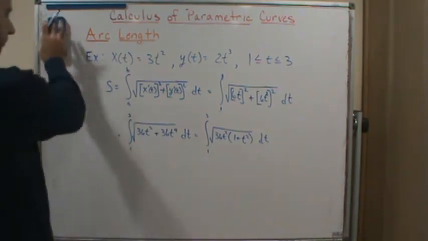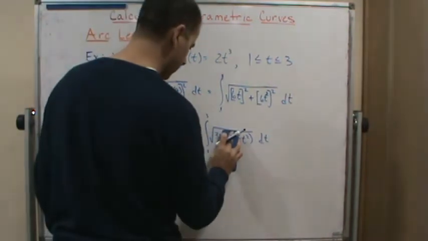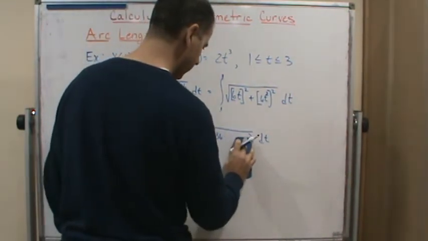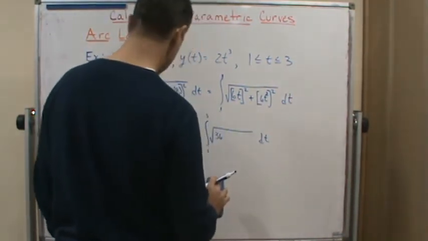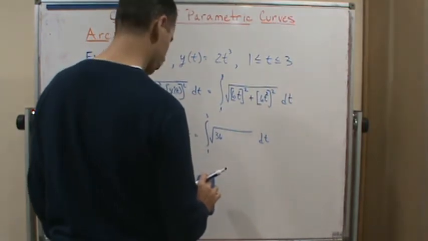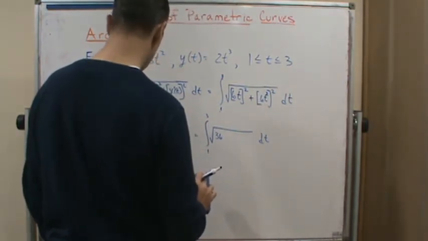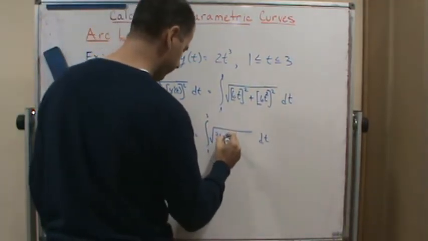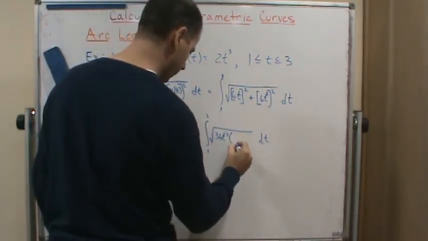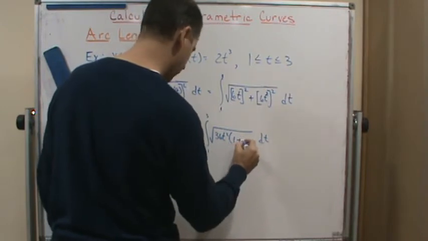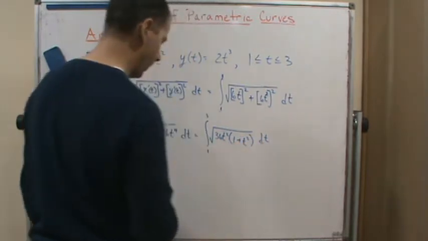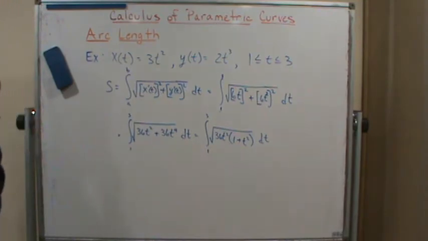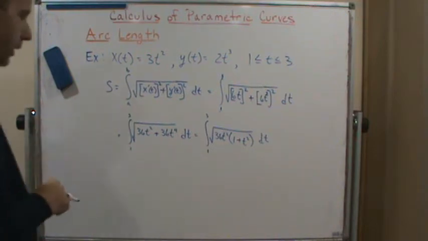Actually, I don't want to do that. I want to keep the t in there. It'll make it easier. Actually, you know what? I'm going to pull it out. T squared, and we get 1 plus t squared. Yeah, let's just go with it. See what happens.